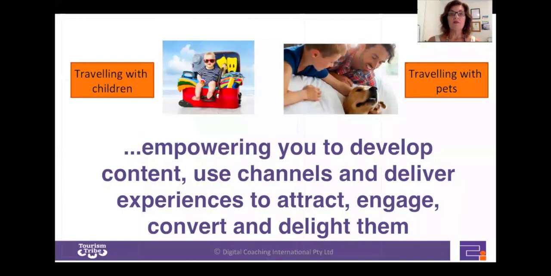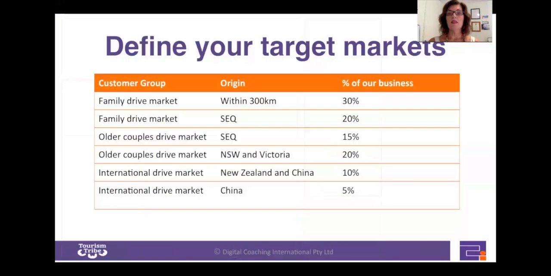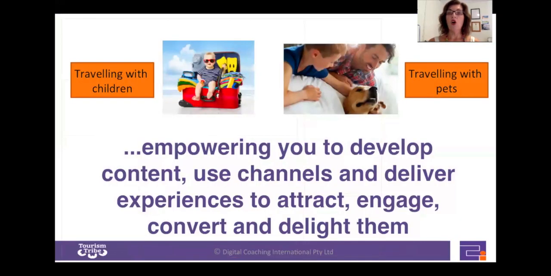So personas. The purpose of introducing them into this series is to help you develop strategies around content and channels, to really target your efforts and to be successful with attracting, engaging, converting and delighting your customers. So personas take that table that we looked at just before down to a much deeper level, on more of a behaviour and characteristic basis.